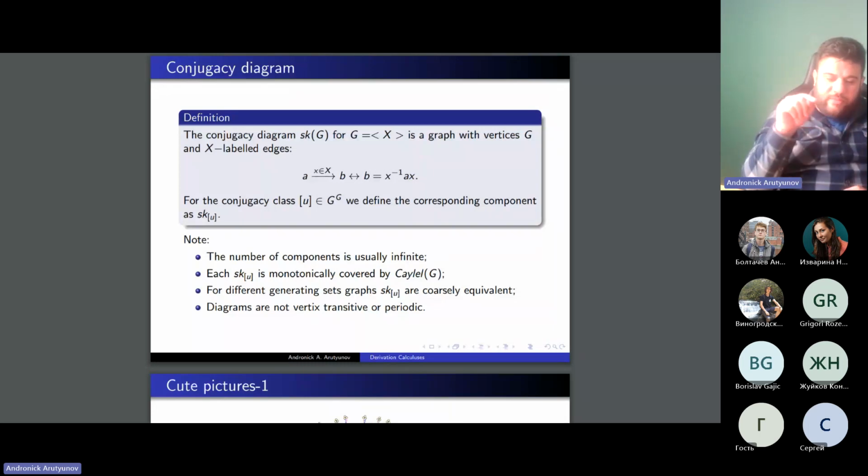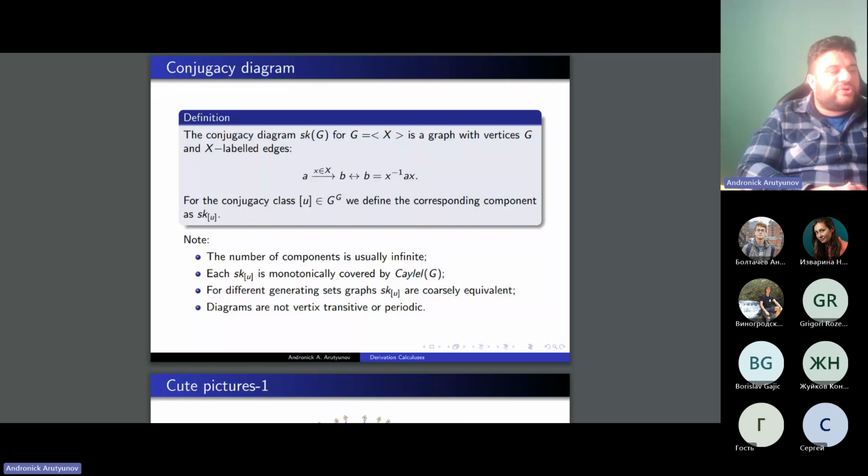The labels are from the generating set of the group G. You have an arrow labeled by the generator X if B is conjugated with A with the help of X. These graphs are not equal in general to Cayley graphs, but they are monotonically covered by them.